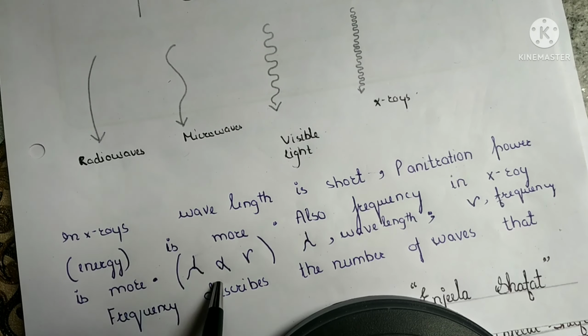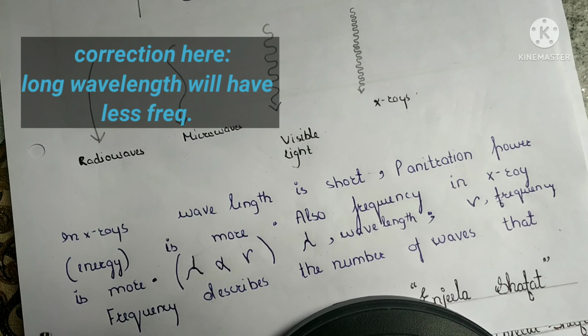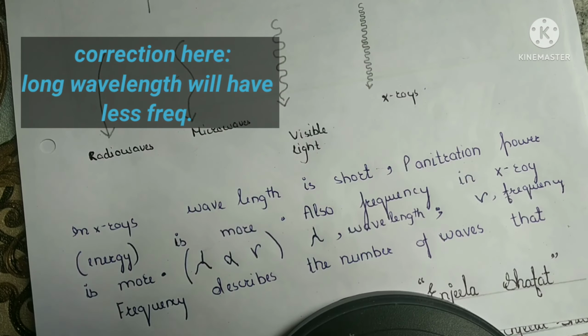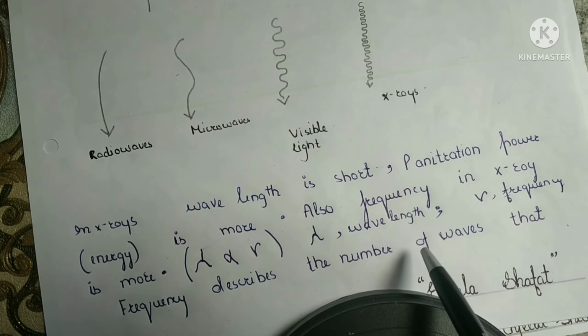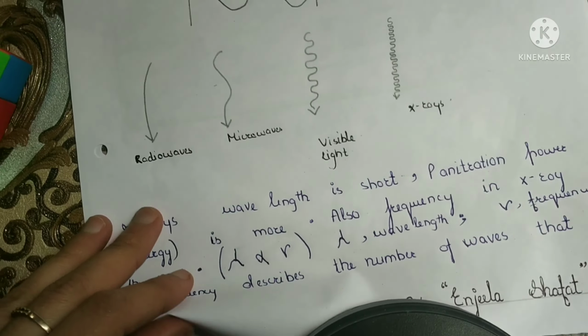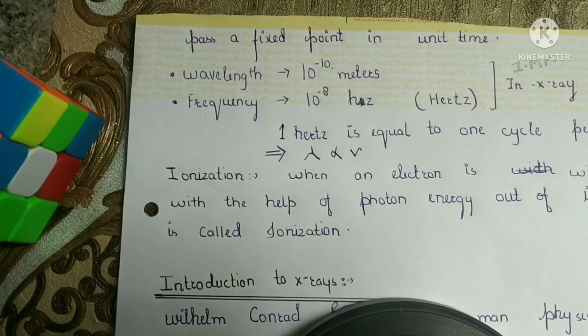Wavelength is inversely related to frequency: whenever a wave has short wavelength, definitely it will have more frequency, and if a wave has long wavelength, then definitely it will have short frequency. Frequency describes the number of waves that pass a fixed point in a time.